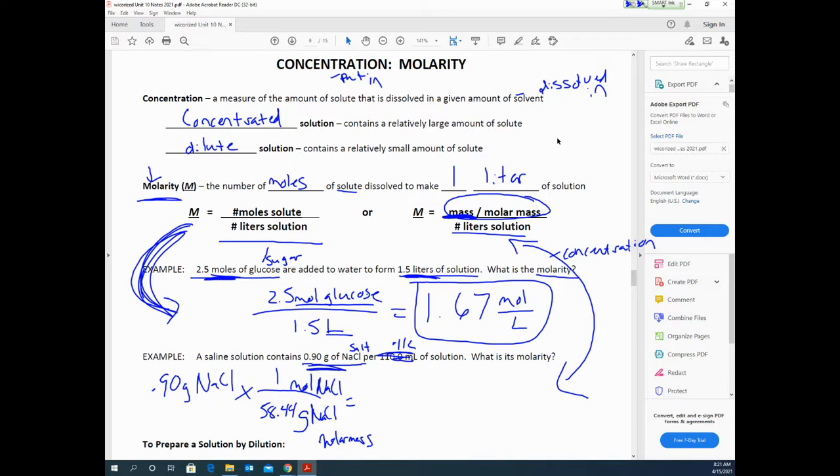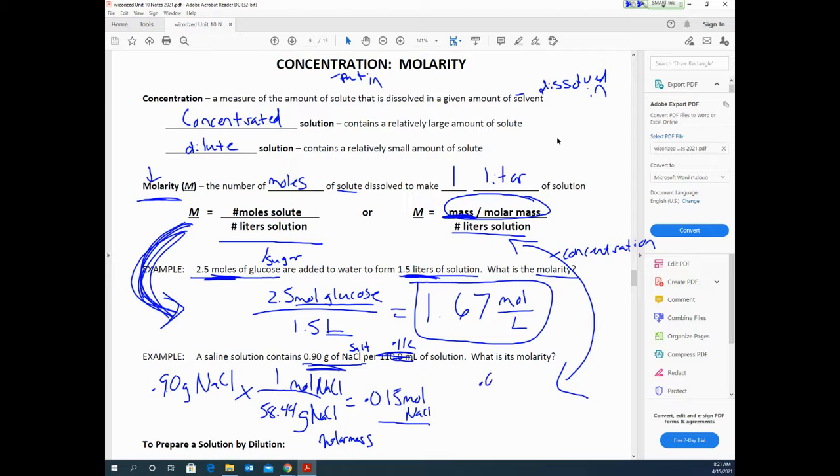But you take the mass of sodium, which is 22.99, and you add chlorine, which is 35.45. Now I take the top two numbers, 0.9 times 1 is still 0.9, and divide by 58.44. And I get the mole to be 0.015 mole of NaCl. So now I'm back to the point that I have moles given to me, or I've solved for it, and I have liters. So now I can do that original formula from the first problem, just moles divided by liter, and that's molarity.